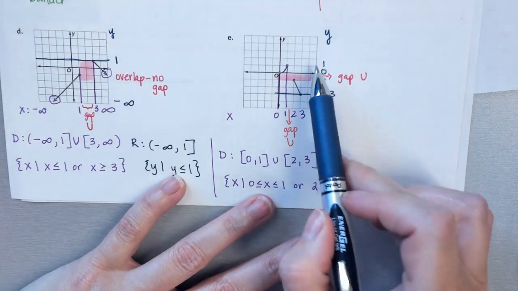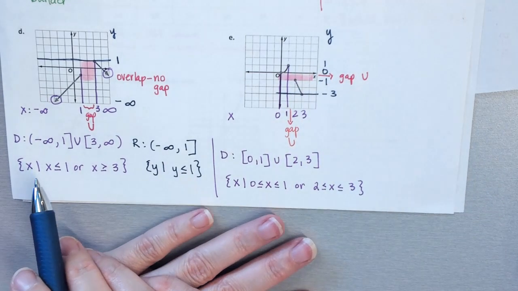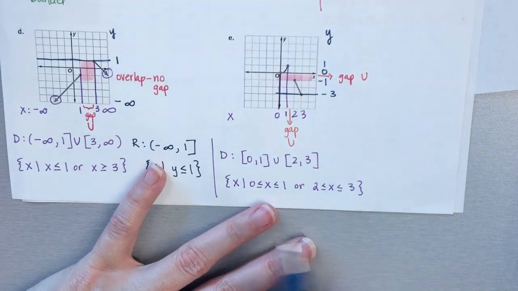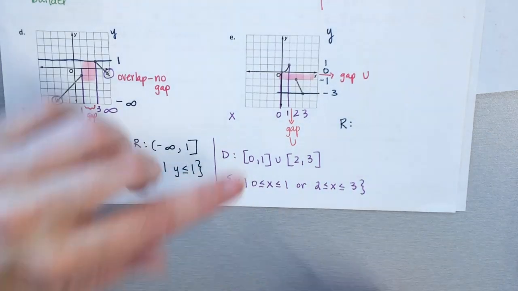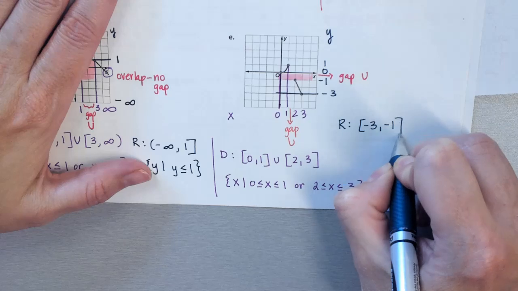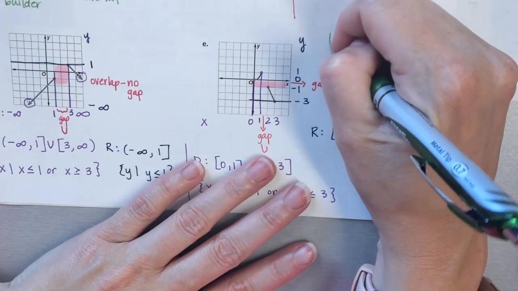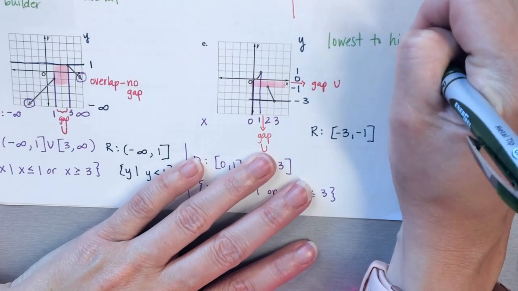Okay, this is not something that's mandatory for you to write on your homework. I would like you to write it for your notes so that you have that understanding of how these translate into your intervals. So your range is going to start at -3, go to -1. You always are going to write this from the lowest to the highest value, okay?